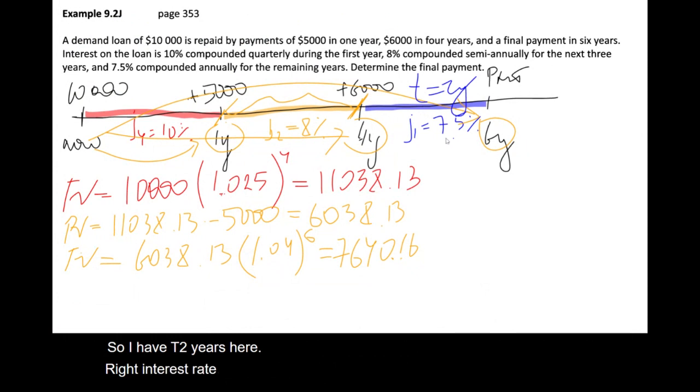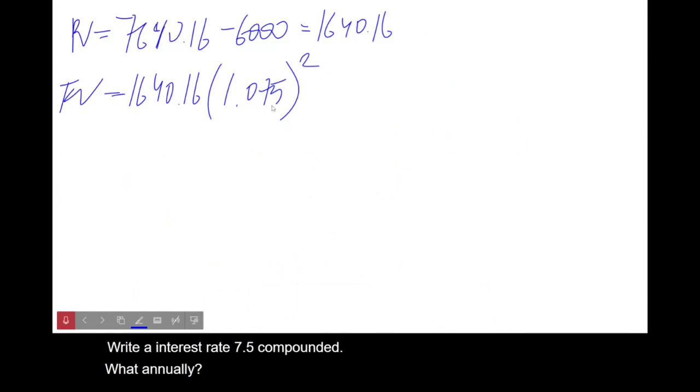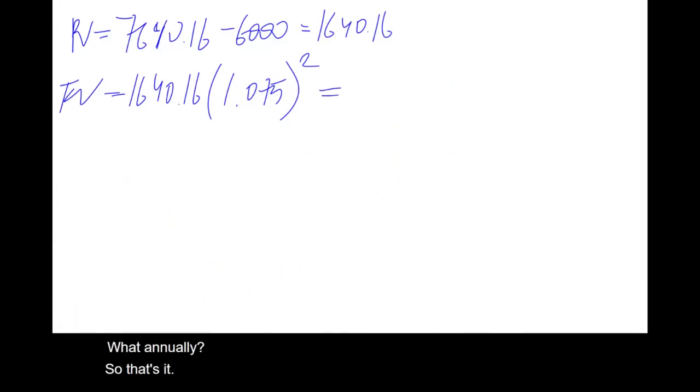Interest rate 7.5% compounded annually. So that's it. 1,895.41.